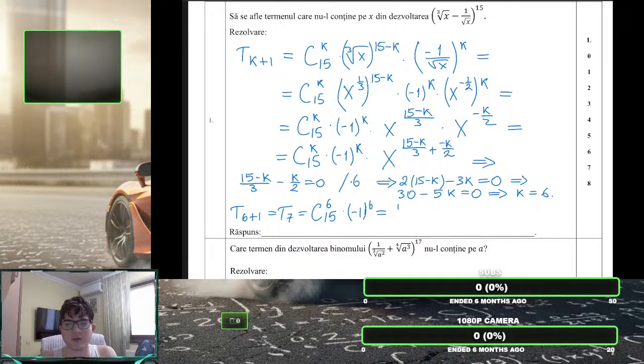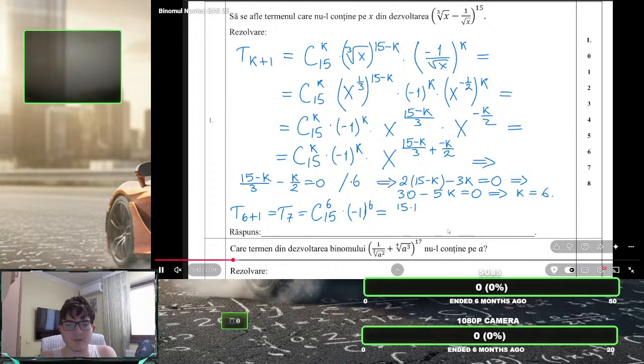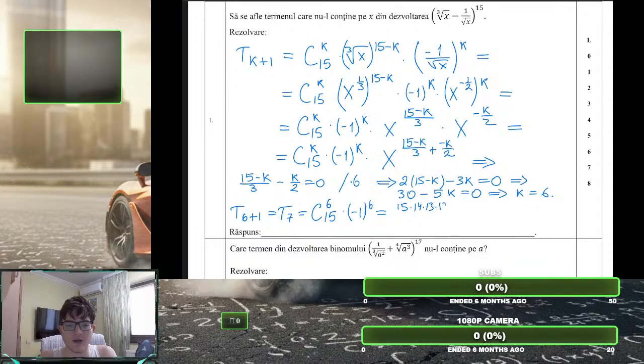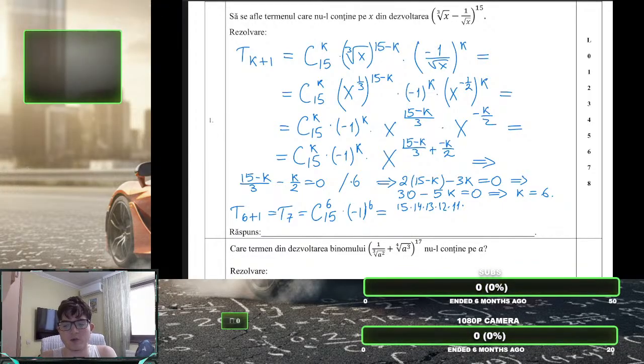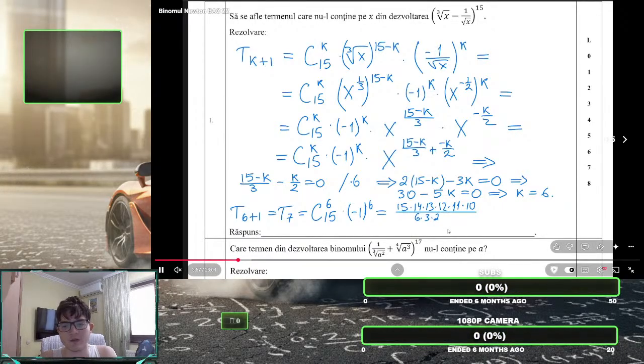But c, we can just work it out. It's going to be 15 factorial on top, and below 9 factorial, so it has to be until 10 on top, and below it's going to be 2, 3, 5, 6. Okay, and 4.